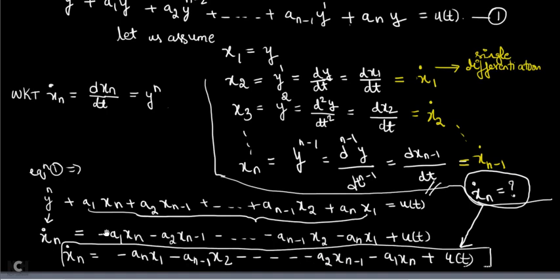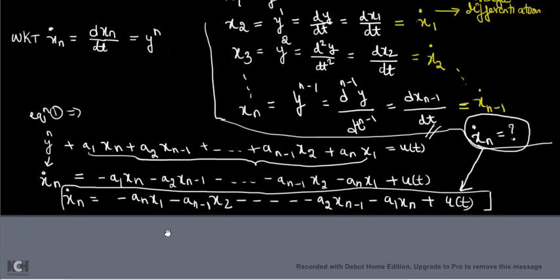Last term is minus a1 xn. I am only rearranging the terms in the reverse way. At the last you have plus u of t. That you keep as it is. Whatever xn dot you need to find, that xn dot is nothing but this big equation.